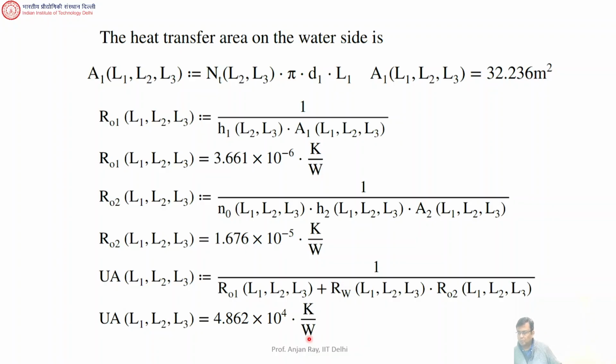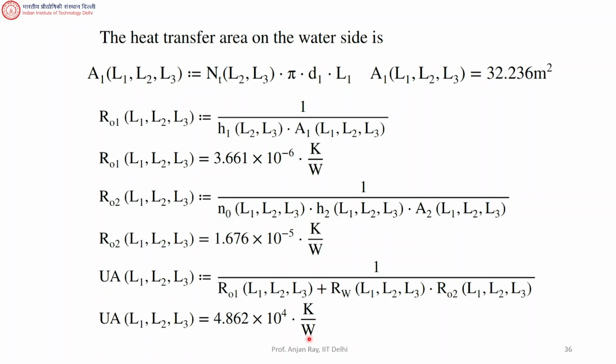Right. So what is it that we usually try to do from your experience of the shell and tube heat exchanger? We try to go to the epsilon-NTU method, right? So we try to go to effectiveness. Why? Because once you have effectiveness, it gives you flow rates and temperature differences.